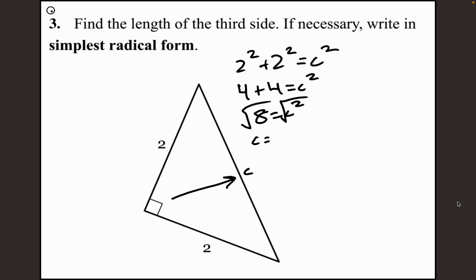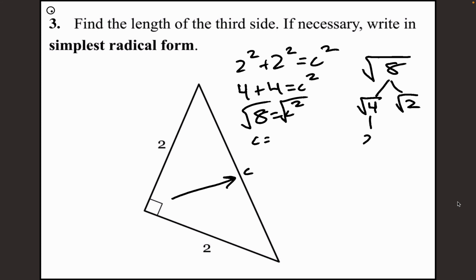Now this time, let's look. When we have the square root of 8, can we take out anything? Because we need to write in the simplest radical form. Well, this one we've talked about in person, all right? We can take out 4. If I take out 4, what times 4 equals 8? That's going to be 2. So I have the square root of 4 and the square root of 2. Can I simplify the square root of 4?